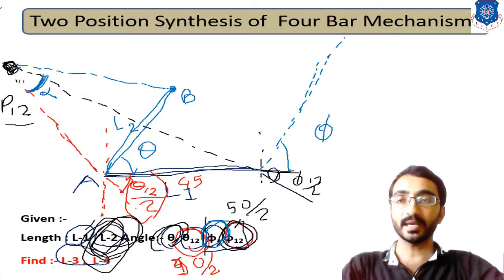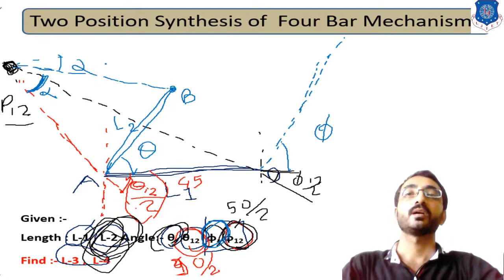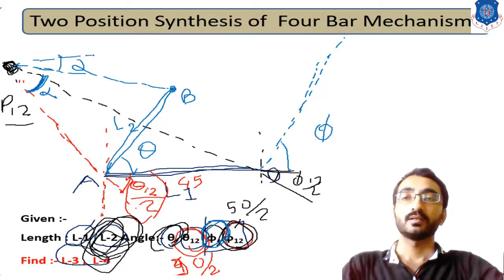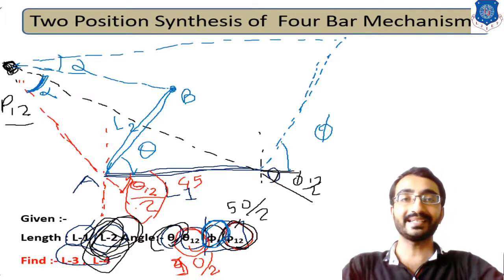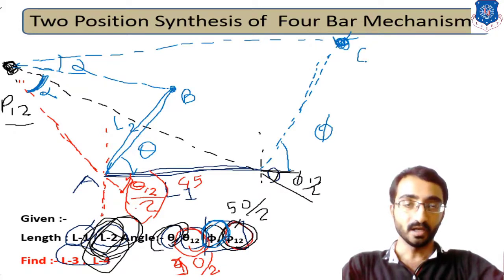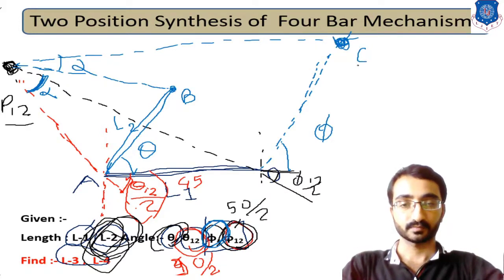With the same angle alpha, you have to plot one line by taking the B point and P12 as your reference, at angle alpha. This line will reach like this. The intersection of the two lines will give us the final point C on our 4-bar link.